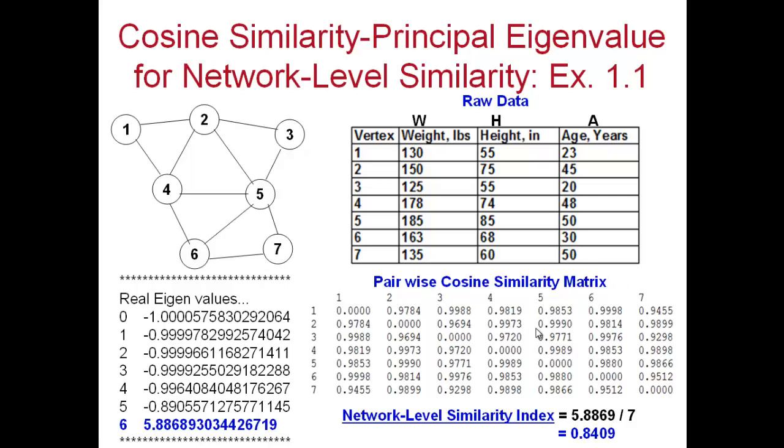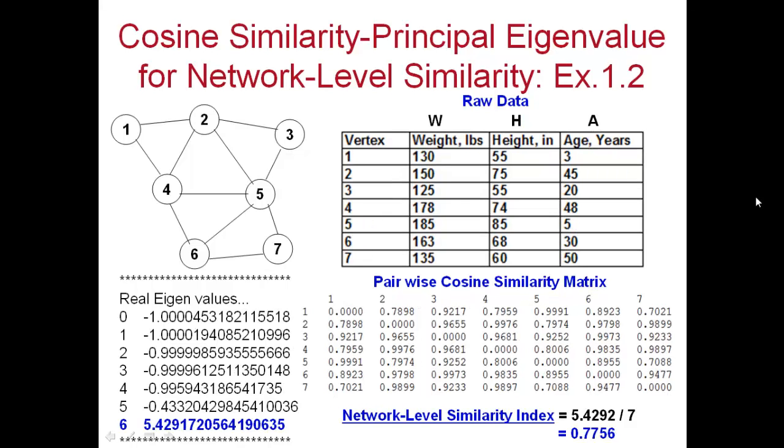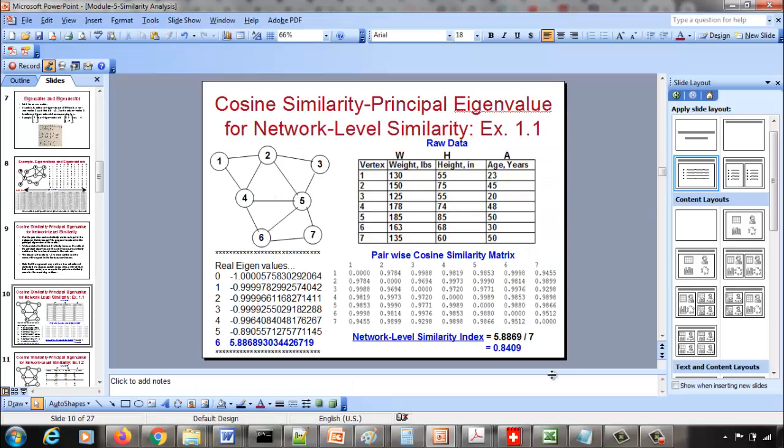So the maximum it could be is 1, and that's a measure of the maximum similarity among all the nodes in the network.